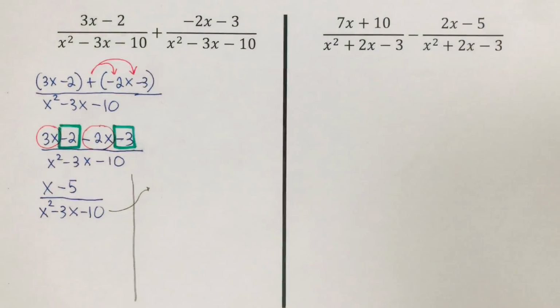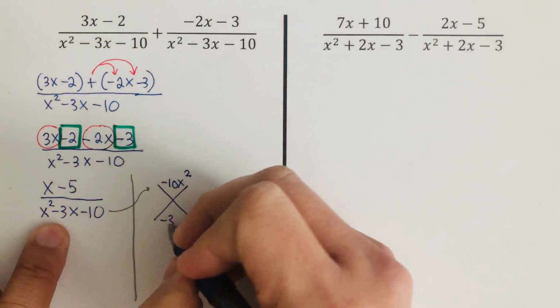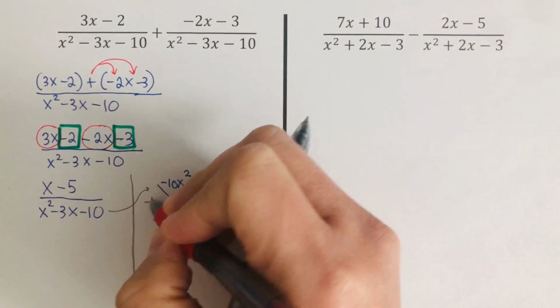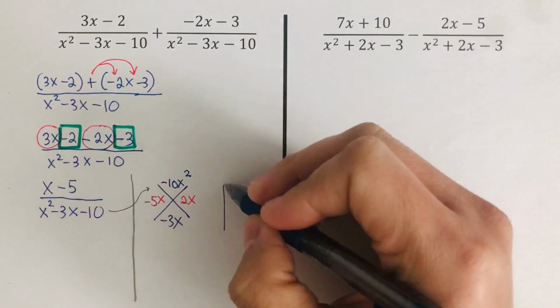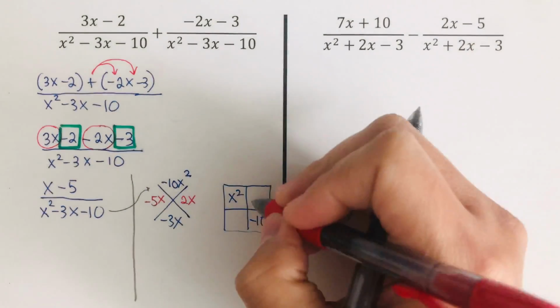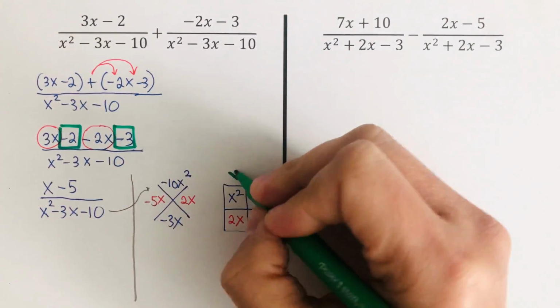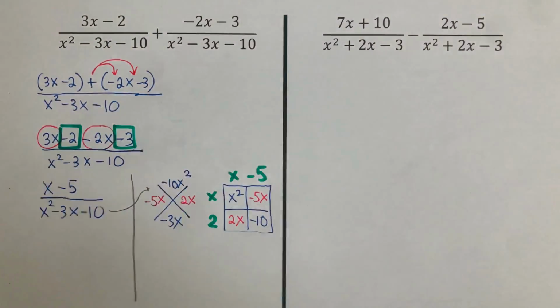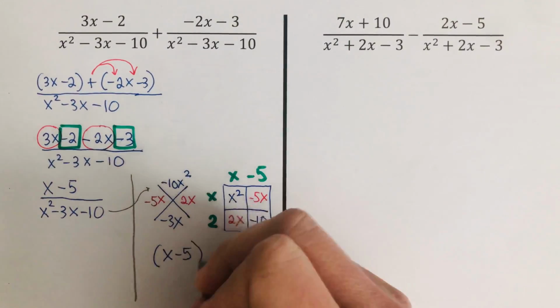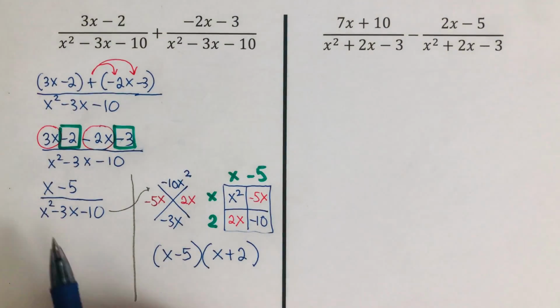So that would be... okay, so the factors for x squared minus 3x minus 10 are x minus 5 and x plus 2.